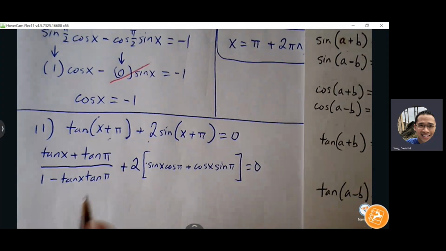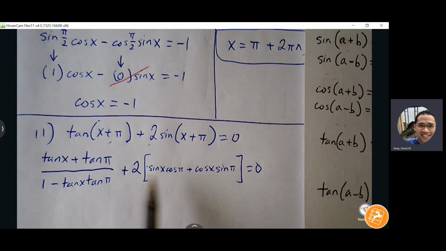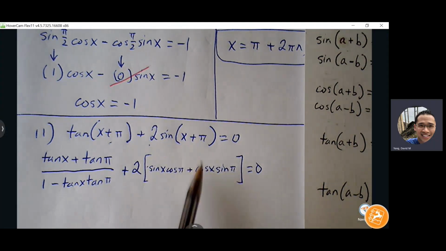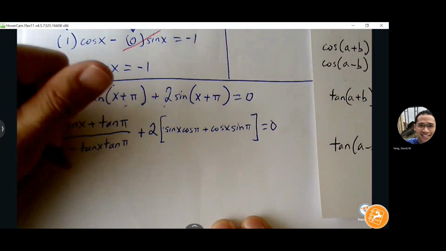I just want to show you why that 2 gets distributed, because if we were to expand this out and that 2 is still sitting outside, has to go and involve both my terms.